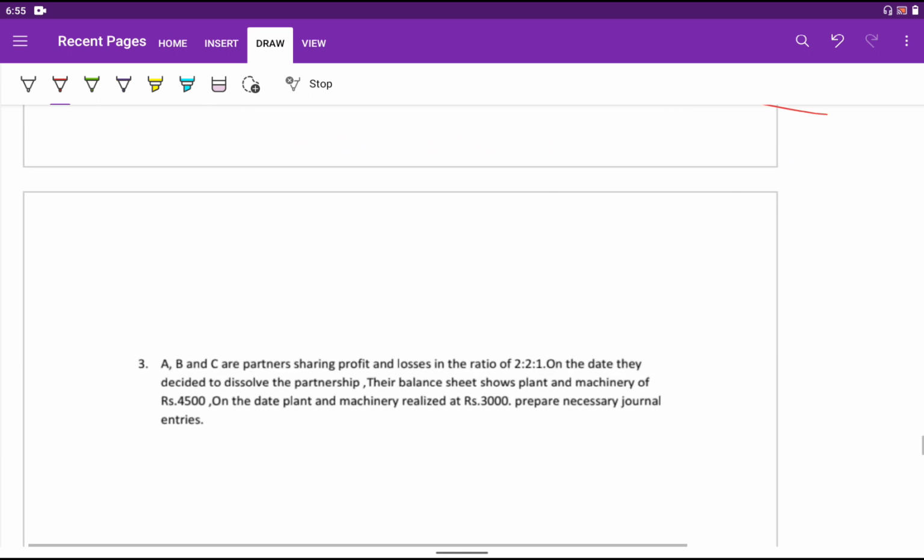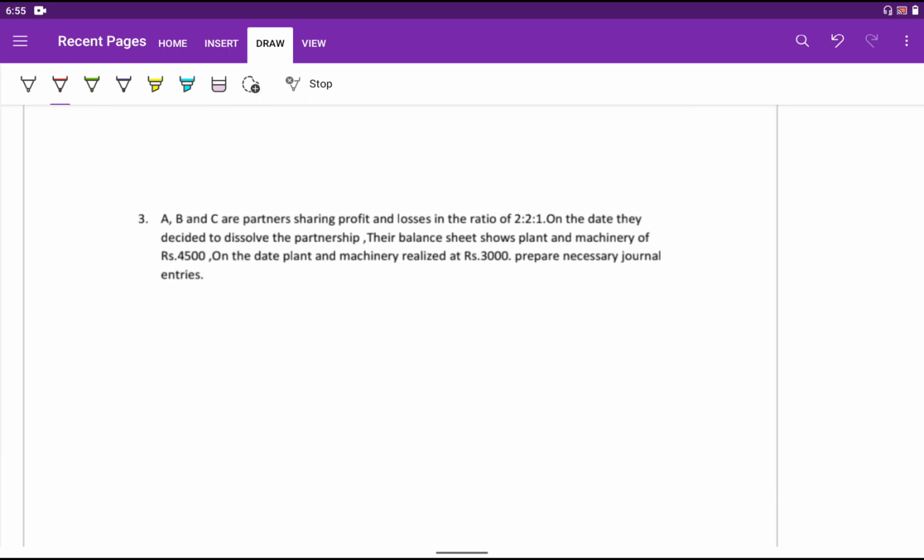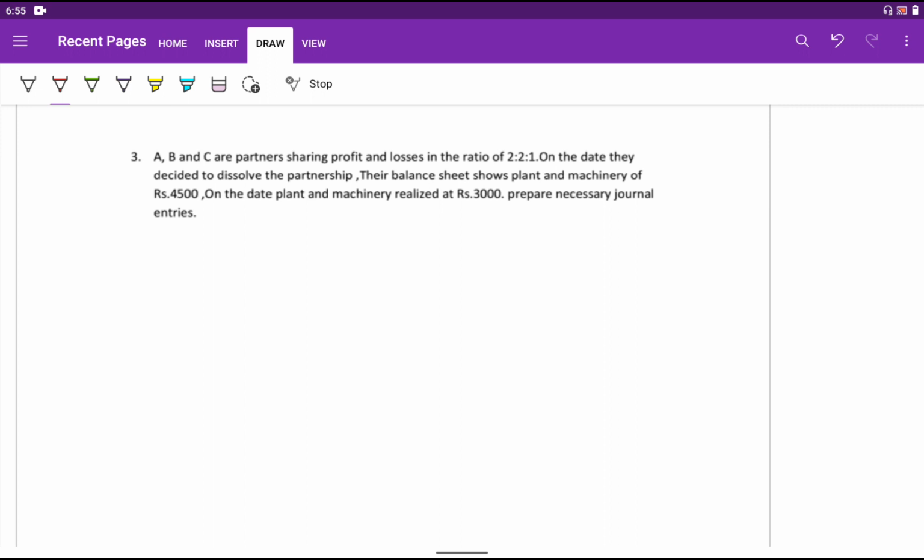Now third question. A and B are partners sharing profit and losses in the ratio of 2:1. On the date they decided to dissolve the partnership, their balance sheet shows plant and machinery of 4500. On that date, plant and machinery realized at rupees 3000. Prepare necessary journal entry. Very simple. So at the time of realization, what are we writing?